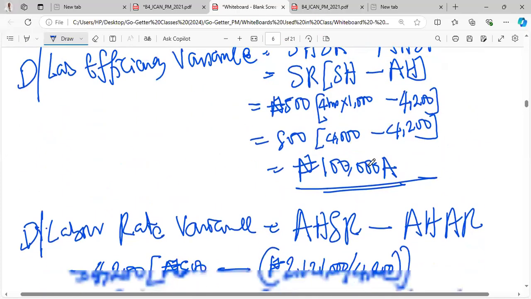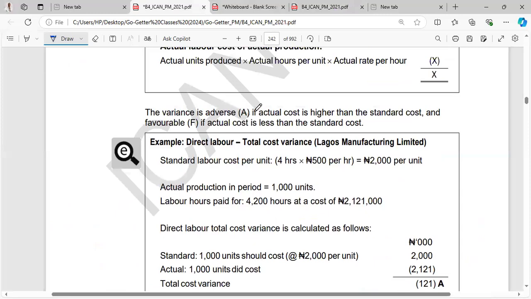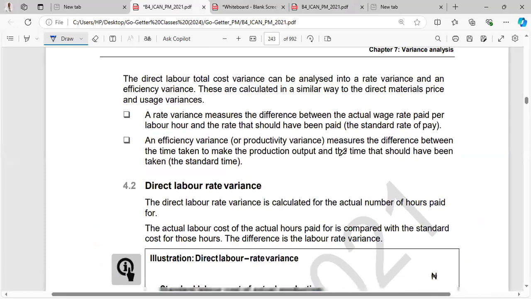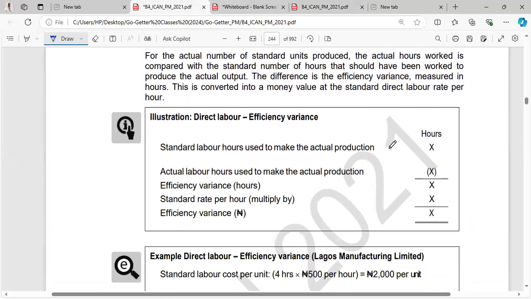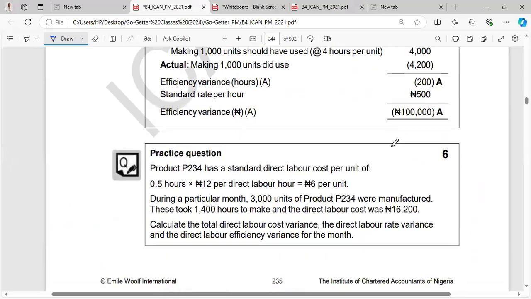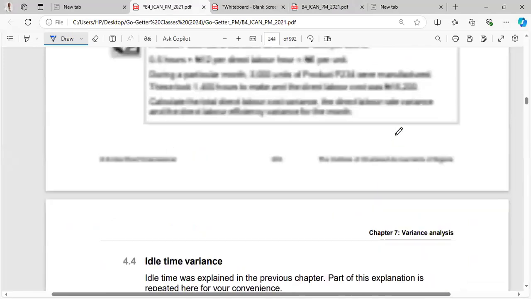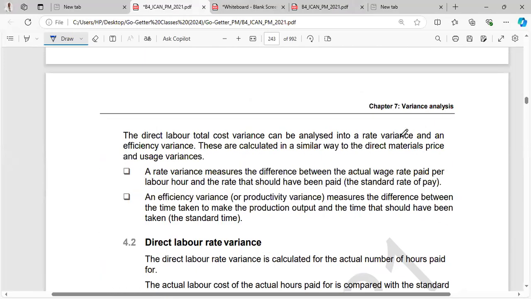So now this efficiency variance, we can further divide it into two. The efficiency variance can be given as idle time variance.